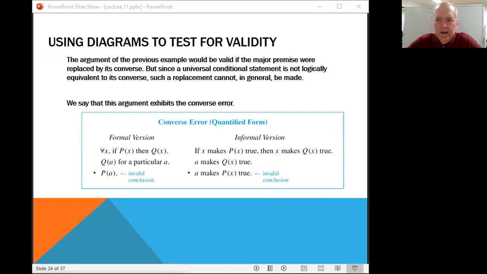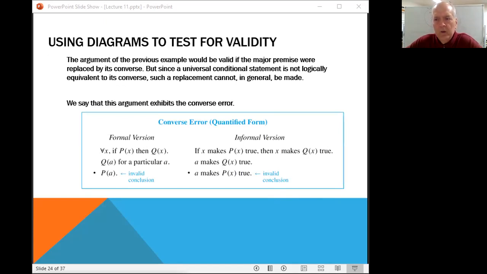So we can look at some ways that, if the argument were changed, we would be able to make it true. So again, if we take a universal conditional statement and replace it by its converse, that might make the particular argument we just looked at true.